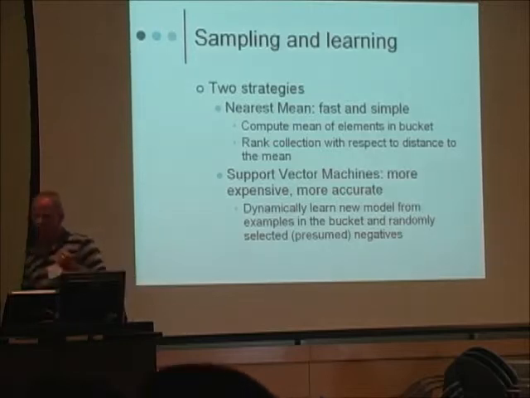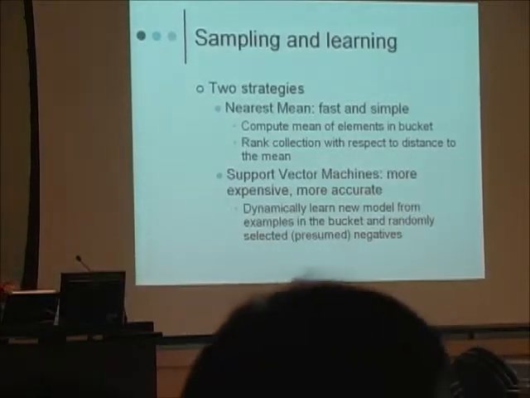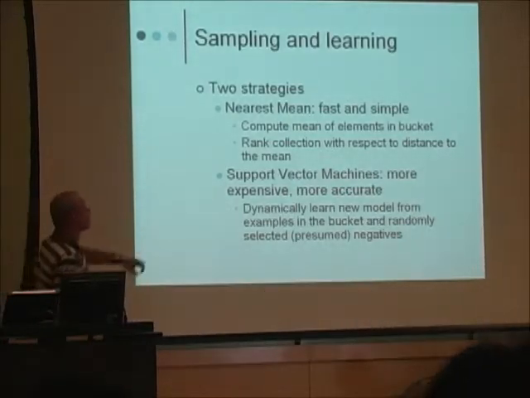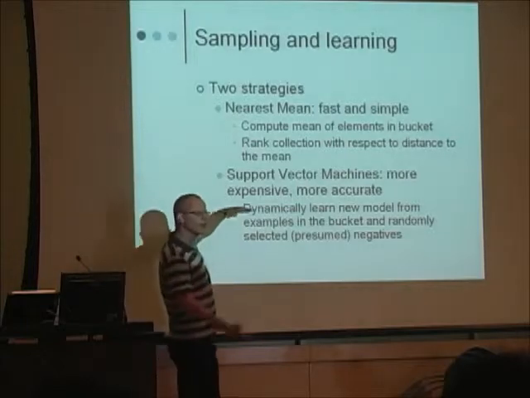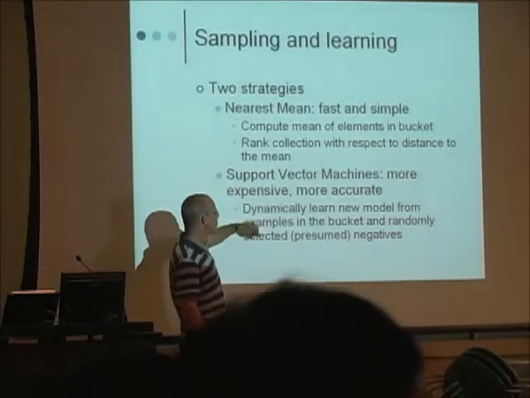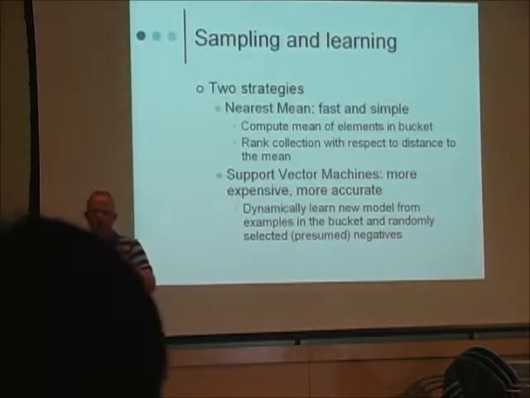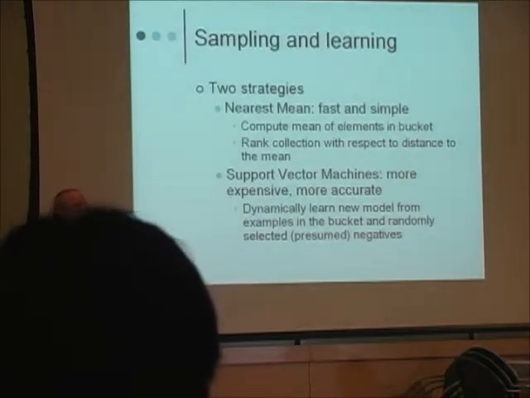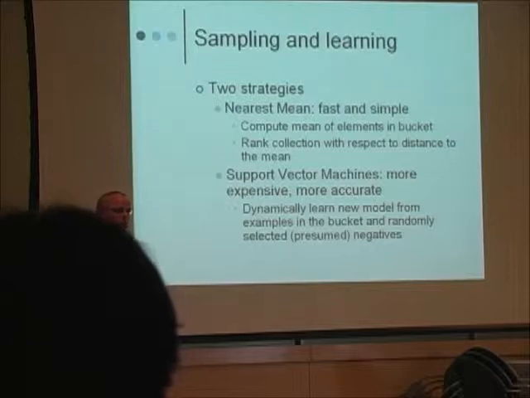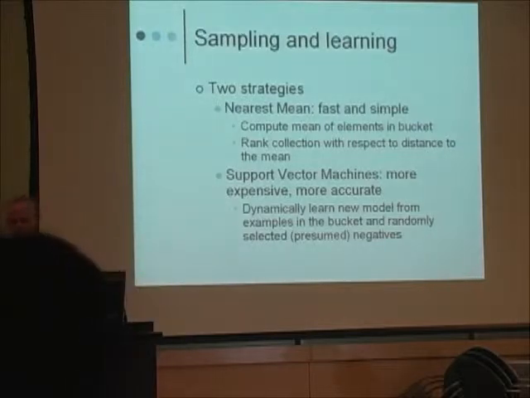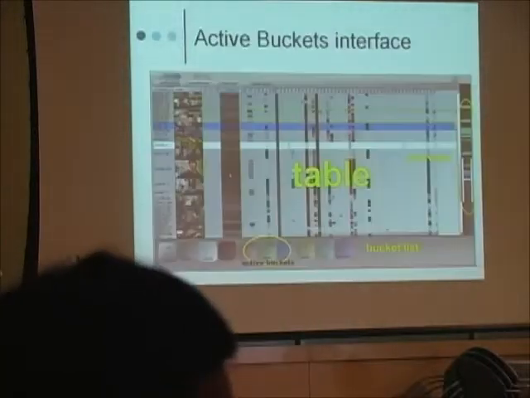More expensive, but likely more accurate. I'll show how accurate they are. So you dynamically learn a new model from the examples in the bucket and the randomly selected assumed negatives, and you apply this model to the whole data set. And you see whether there are elements which are so similar that you want to use those.